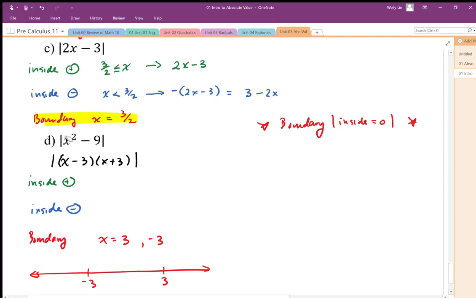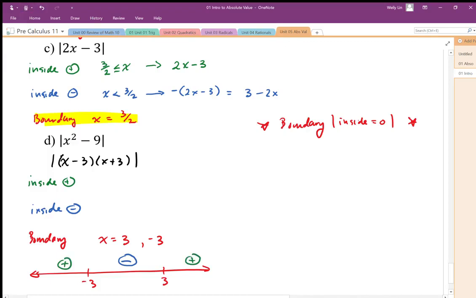Well, if x is small, in between here and here, we should get negative, because we're going to have a small number minus 9. If we have large values of negative and square it, we're going to get a large positive. Here, same thing. So our negative values are going to happen in here, and our positive values are going to happen out here.